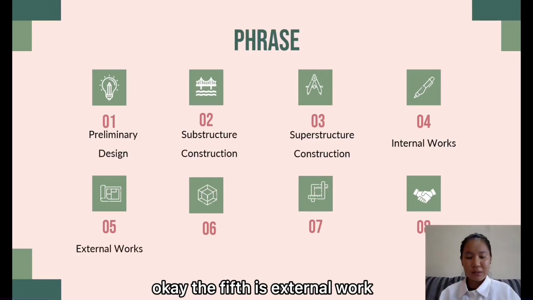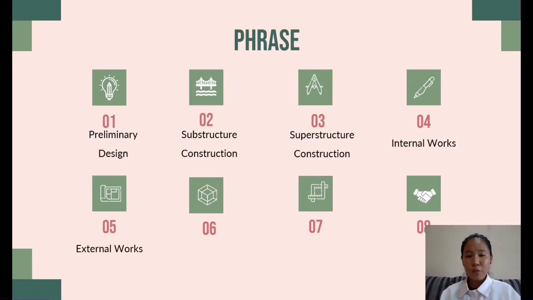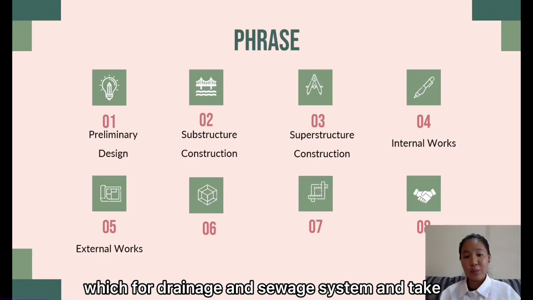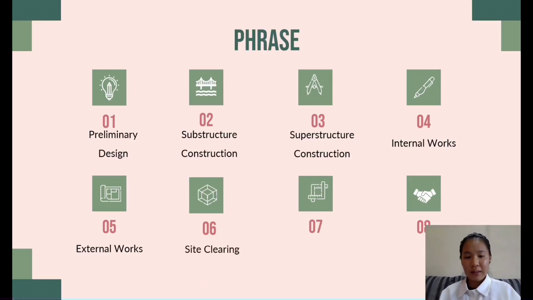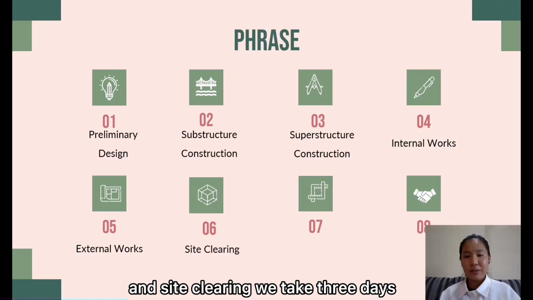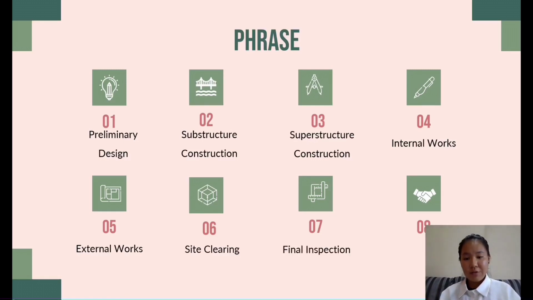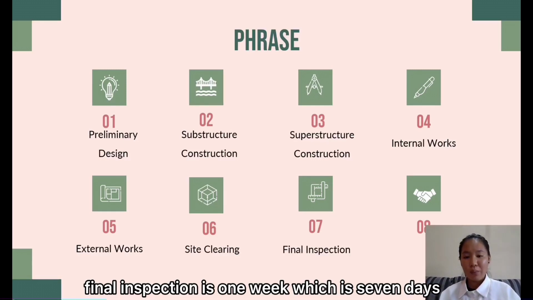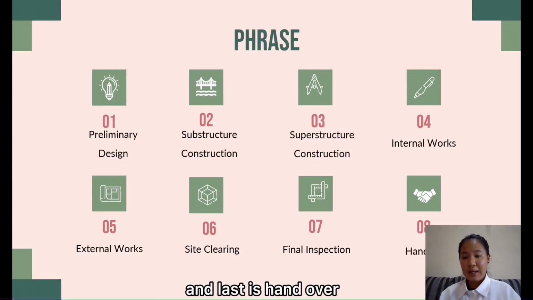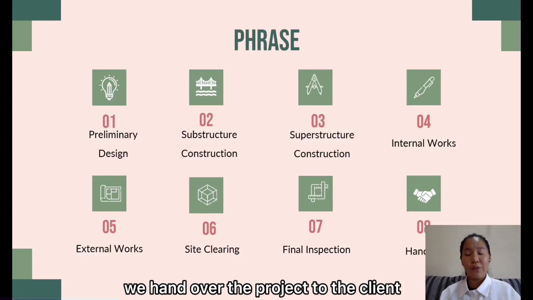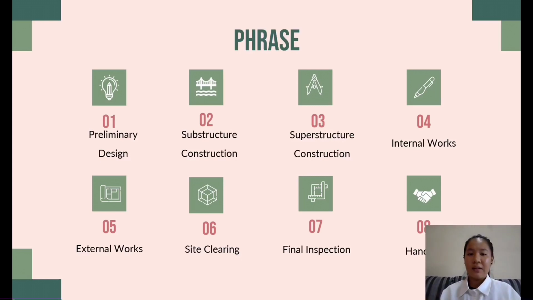Okay, the fifth is external work, which is for drainage and sewage system, and takes 38 days to complete. And site clearing we take 3 days. Final inspection is 1 week, which is 7 days. And last is handover. We hand over the project to the client. Yes, thank you.